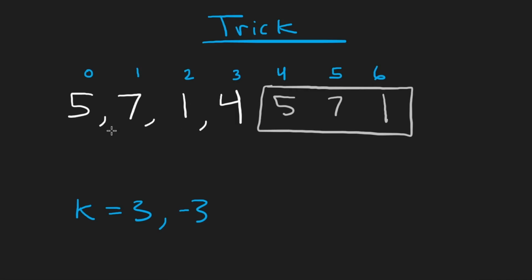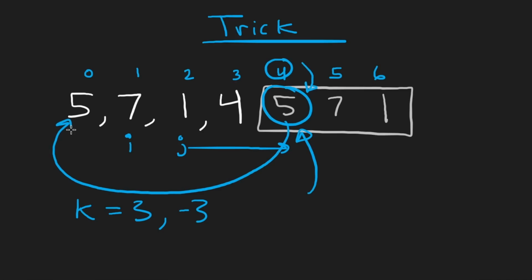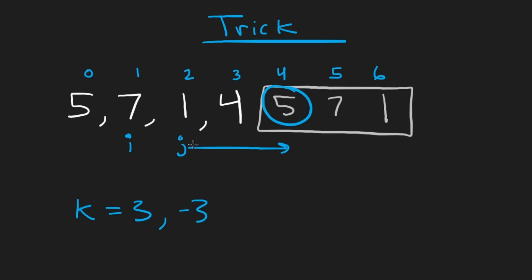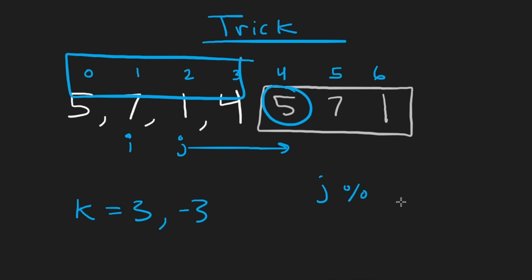So when we do our pointer stuff, let's say my I pointer is over here and I want the next 3 elements, I'll do a nested loop to do that. I'll have my J pointer iterate over this portion, and it works. When my I pointer is here though, if I have my J go through this portion, I end up out of bounds. But I wish that index 4 corresponded to the element 5 because that would make it circular. And the way to do that is to take each pointer and mod it by the length of the array, which let's say is n, and n is 4 in this case.